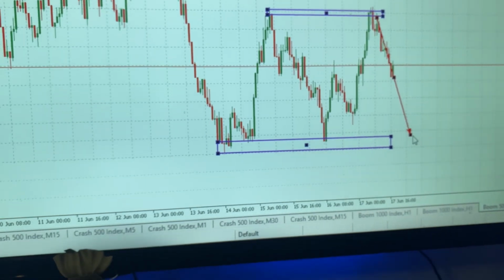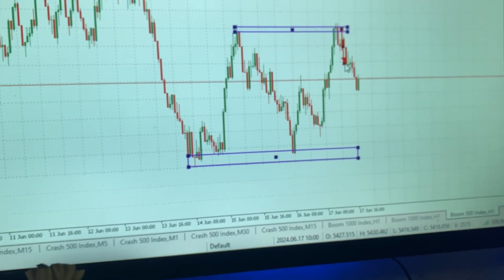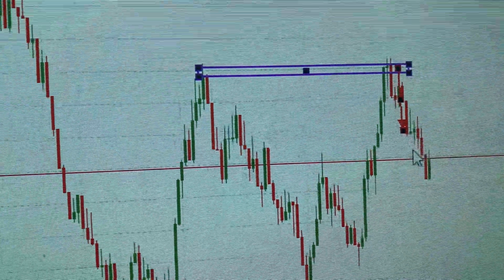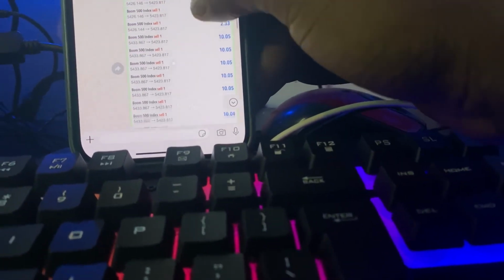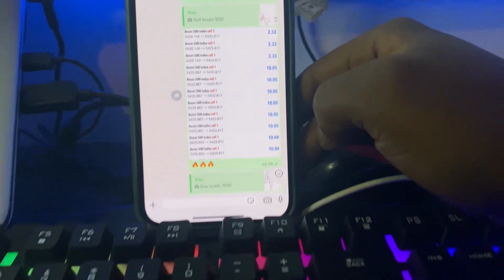For the first time we saw it reach this level, I think this was our first take profit. So we actually managed to move from this point to this point, and as you can see, guys, the results are in here. If you want to see more of these results, you can check them out in our Telegram channel.